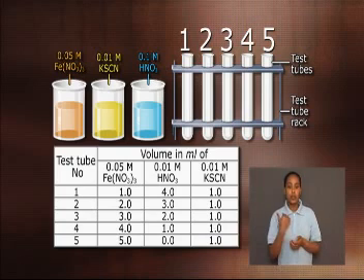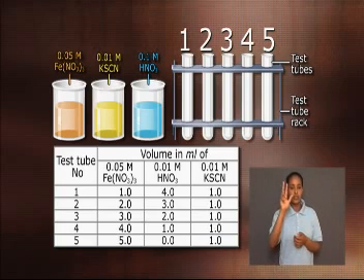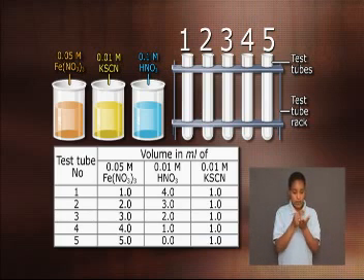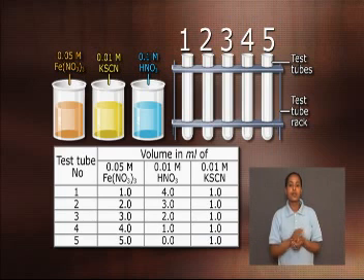We put 50 milliliters of 0.05 molar solution of iron 3 nitrate into 1 beaker, 10 milliliters of 0.01 molar potassium thiocyanate solution into a second beaker, and 20 milliliters of 0.1 molar nitric acid solution into a third beaker.